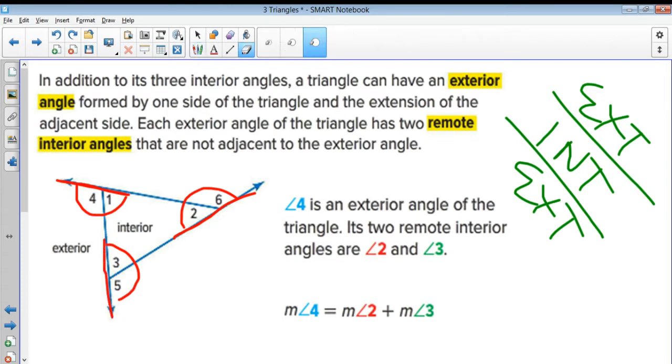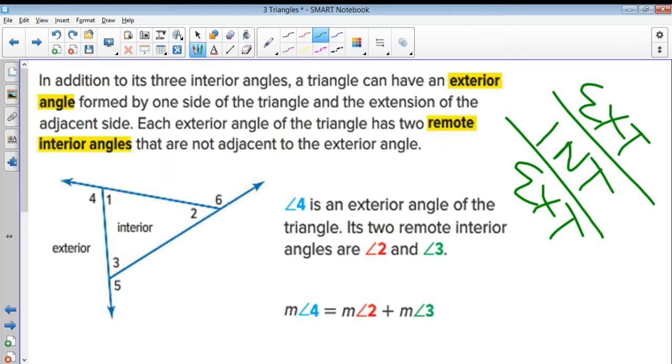If I was looking for other exterior angles for the polygon, if we were to extend the line here, we would notice that 3 and 5 are a linear pair, but also 1 and whatever this angle is here, we could call it angle 7, are a linear pair.